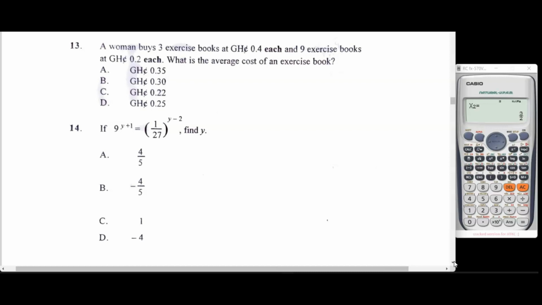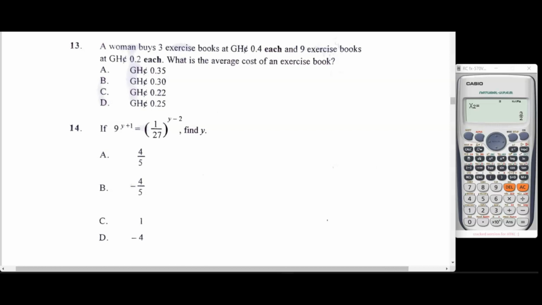It says that a woman buys 3 exercise books at 0.4 Ghana cedis each and 9 exercise books at 0.2 Ghana cedis each. What is the average cost of an exercise book? All that we need to do is find the total price for the exercise books, then divide it by the total number of exercise books altogether.